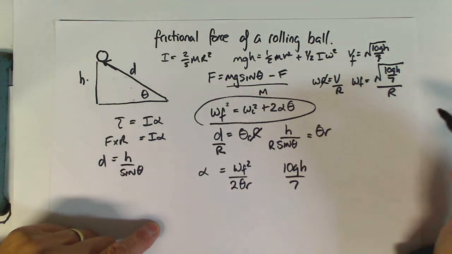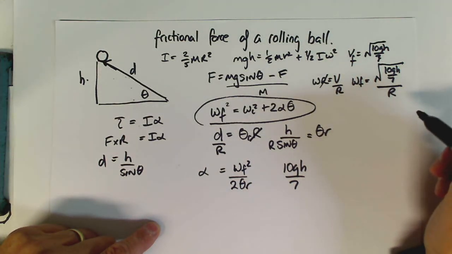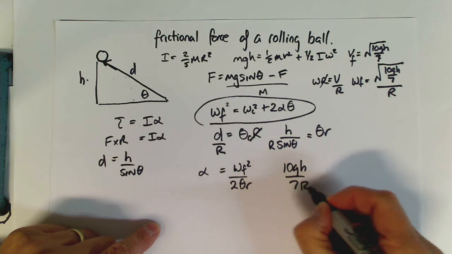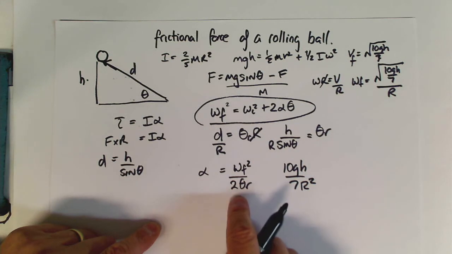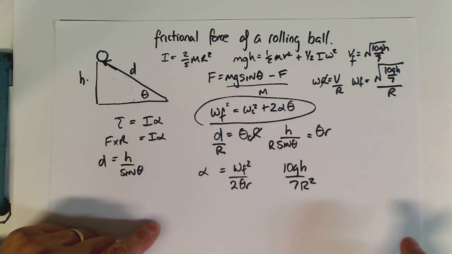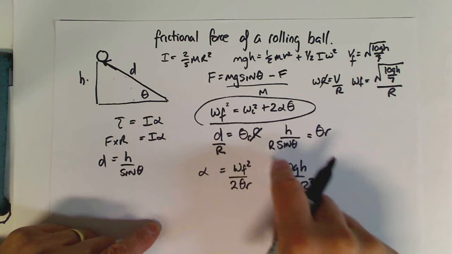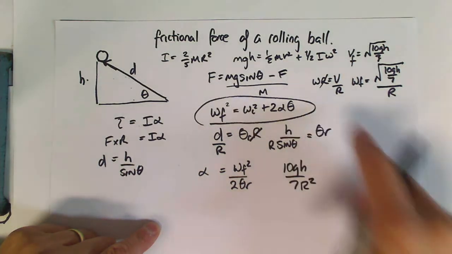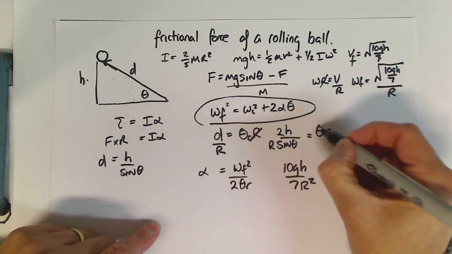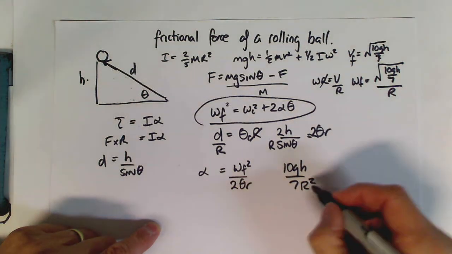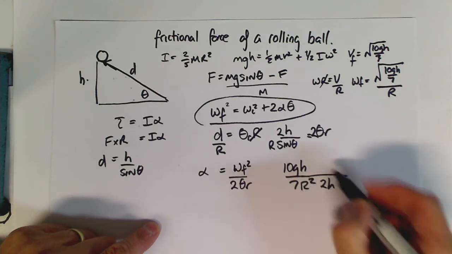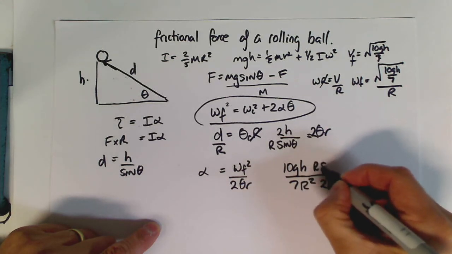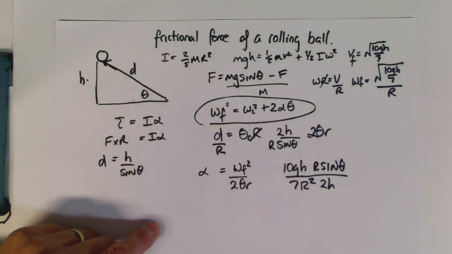But remember, we had divided that all by r, so that's r squared. And we're dividing that all by 2 theta r, which means 2 theta r is that. So we now put a 2h down here and an r sine theta, and that should be our alpha.